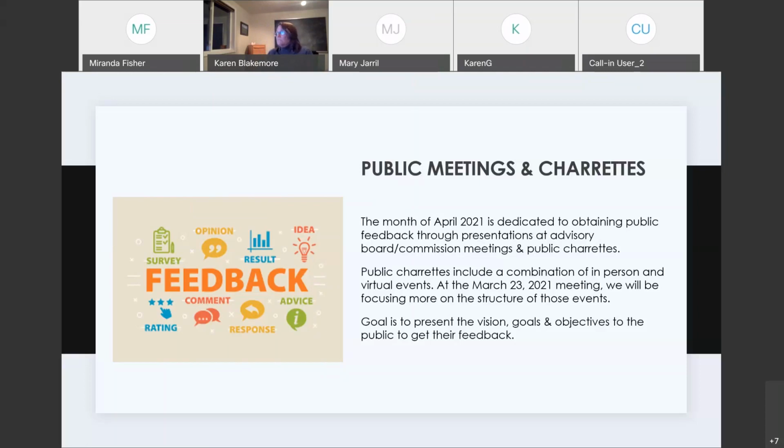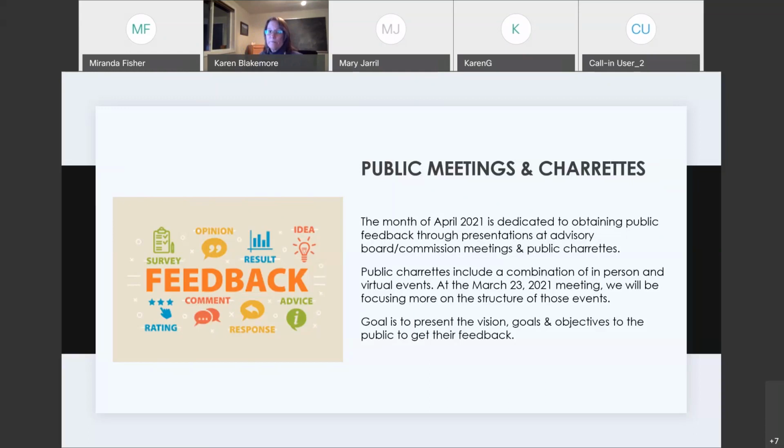In previous charrettes, people have written down on sticky notes some of their thoughts and suggestions, which allows them to have that real-time interaction in person. We're also looking to do the same thing through a virtual event where you would log into, say, WebEx, and break out into different virtual breakout rooms to again give that feedback related to the vision, goals, and objectives.